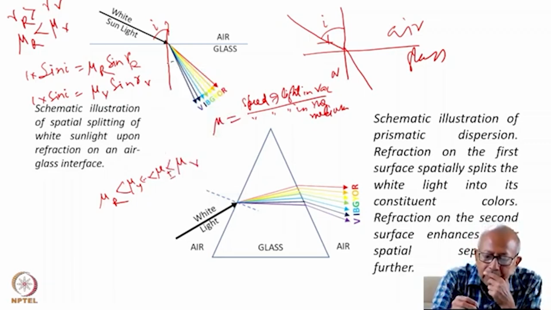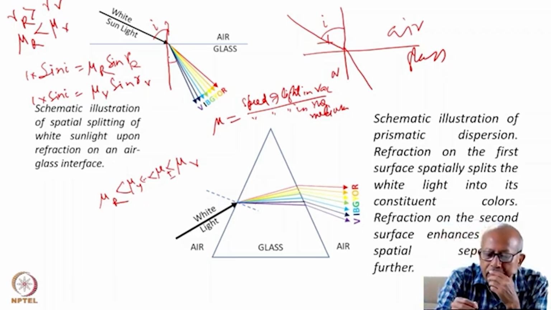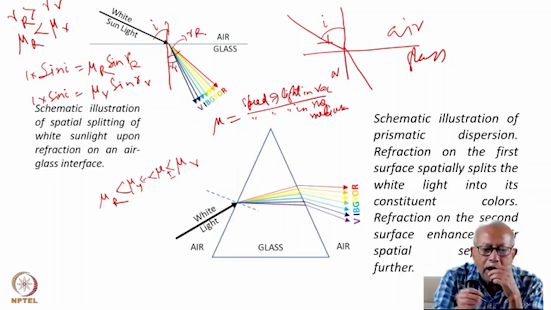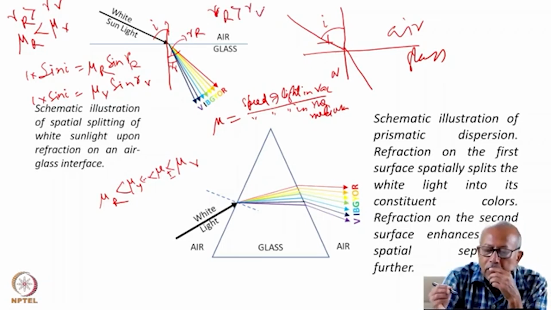So the violet light will have less angle of refraction and red light will have more angle. So this is r violet, this is r red. So r red is more than r violet.